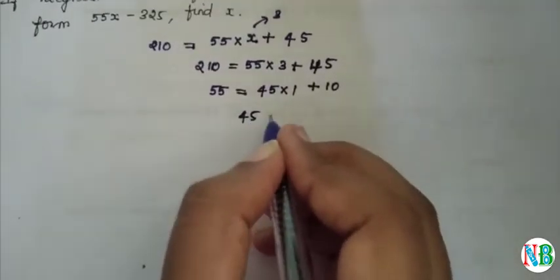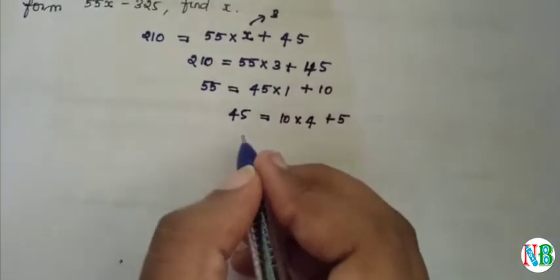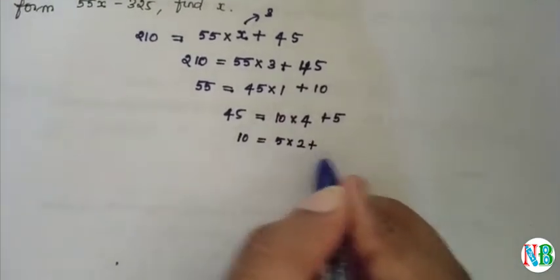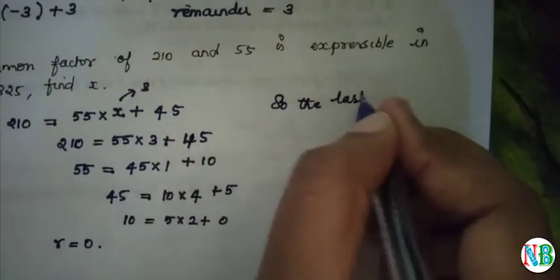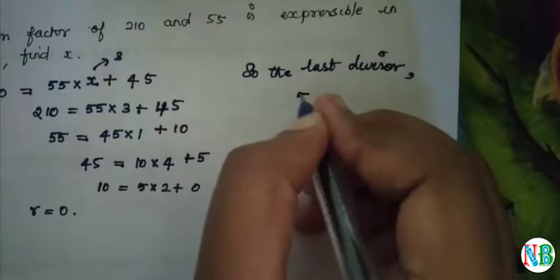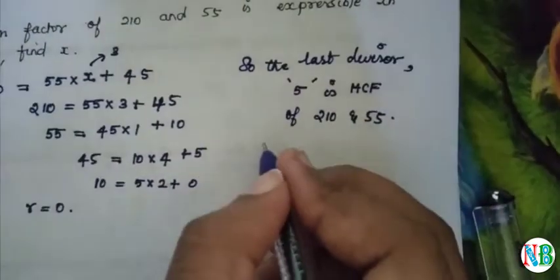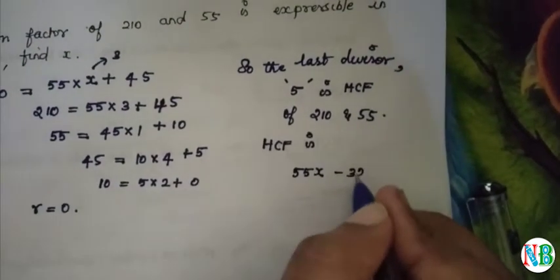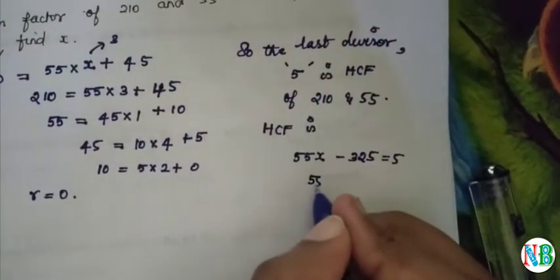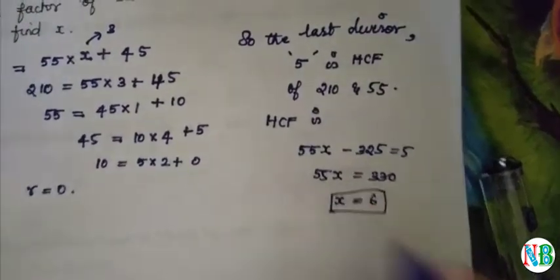Further, 45 can be written as 10 × 4 + 5. And 10 can be written as 5 × 2 + 0. Now we are getting 0 as remainder, so the highest common factor here is 5. 5 is the HCF of 210 and 55. Now we know 55x - 325 is equal to 5, so 55x is equal to 330, x is equal to 6.